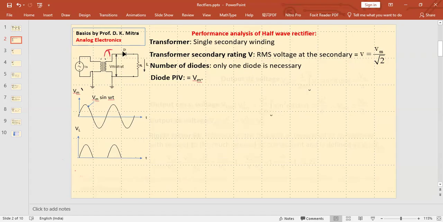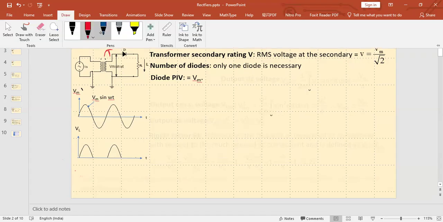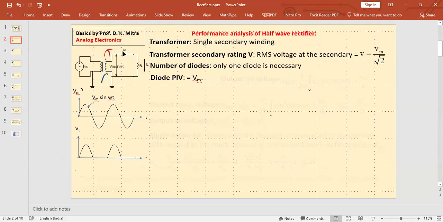Similarly, when the other end becomes positive like this, the diode does not conduct. And the maximum reverse voltage applied across the diode is Vm. This becomes Vm and this becomes 0. So peak inverse voltage, PIV, the maximum positive voltage that arrives across the diode in the reverse direction, is Vm.